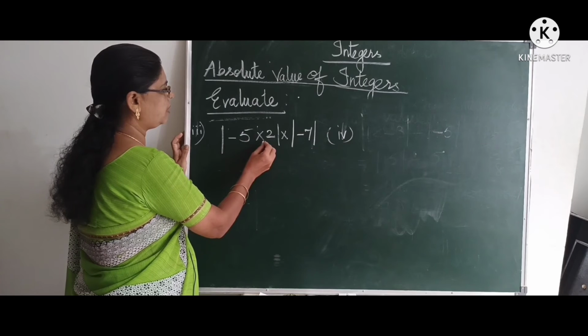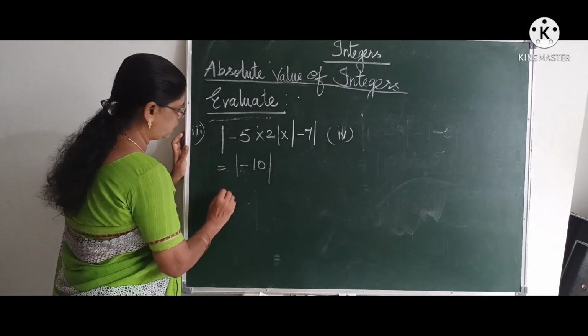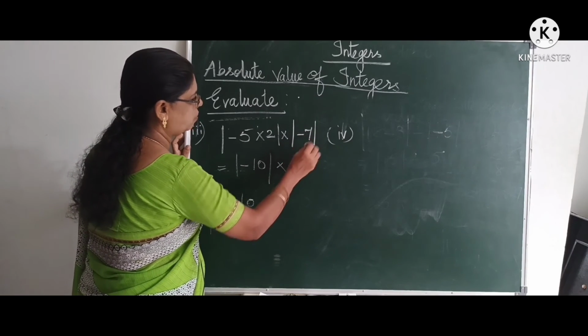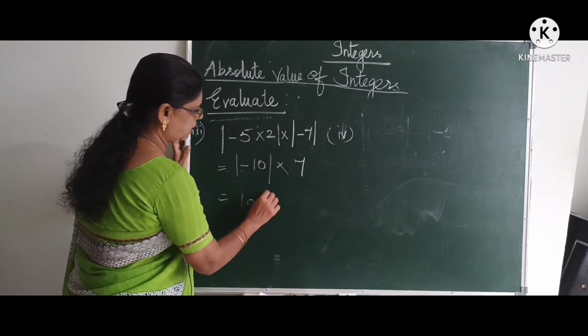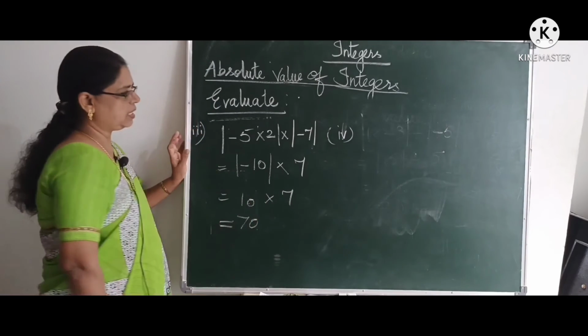So, minus 5 into 2 is minus 10 and its absolute value is 10. And the absolute value of minus 7 is 7. So, 10 into 7 is equal to 70.